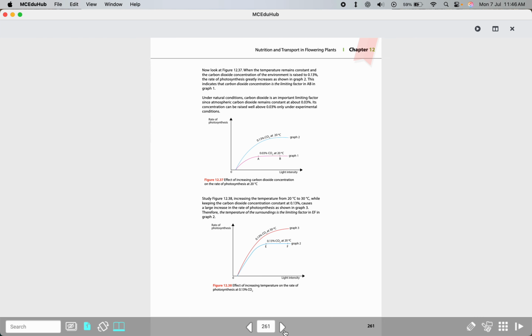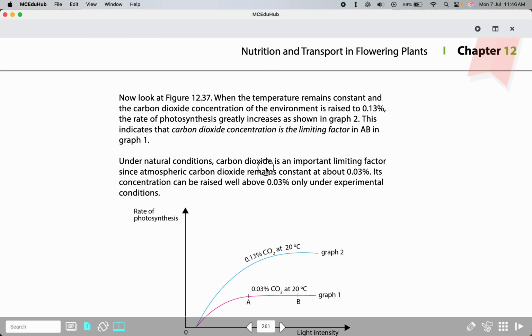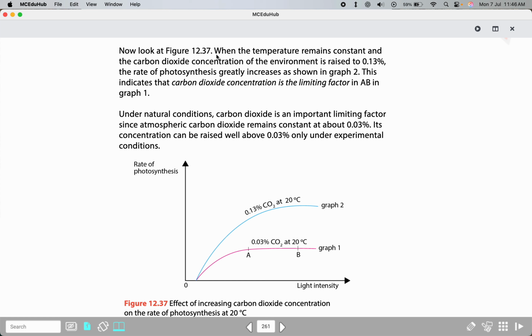Okay, let's take a look at two more examples. Let's say that the temperature remains constant and the carbon dioxide concentration of the environment is raised from 0.03 to 0.13. And we see that the rate of photosynthesis greatly increases as shown.